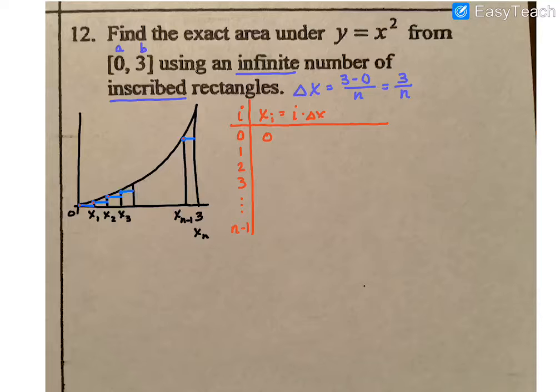Delta x is 3 over n. 1 times 3 over n is 3 over n. My next i value is 2, so 2 times 3 over n. My next i value is 3, so 3 times 3 over n. Down to the bottom, where my last i value is n minus 1 times 3 over n.